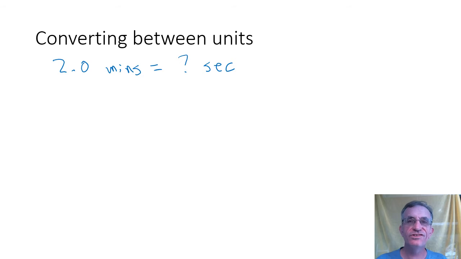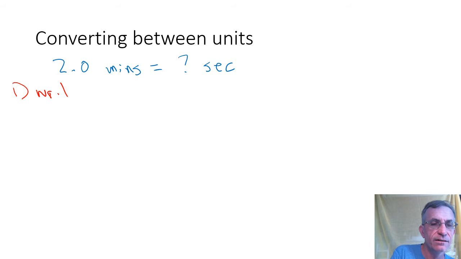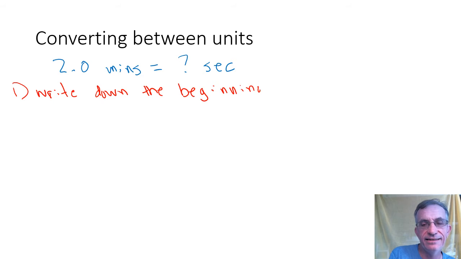All right? So let's say again we had 2 minutes. I want to know how many seconds that is. So the first thing I'm going to do is write down the beginning and ending unit.